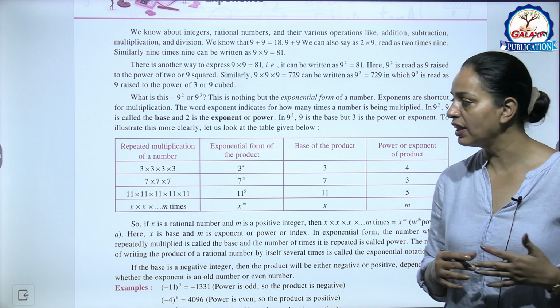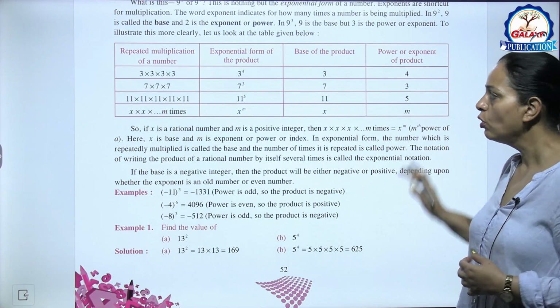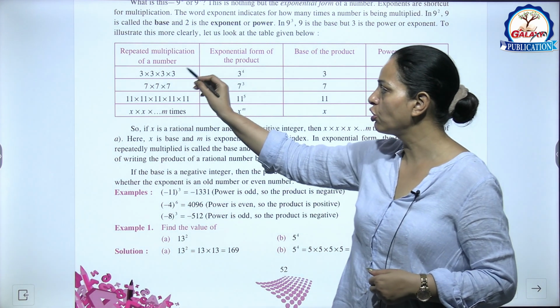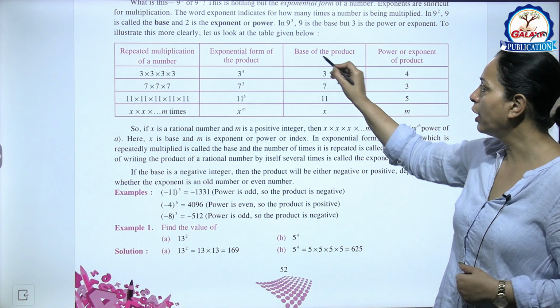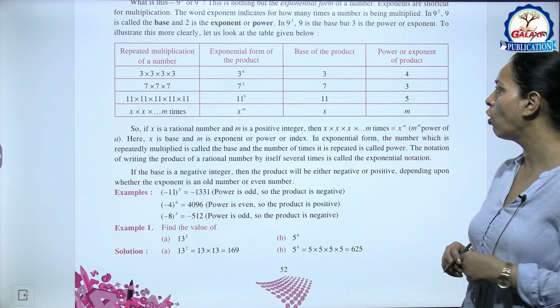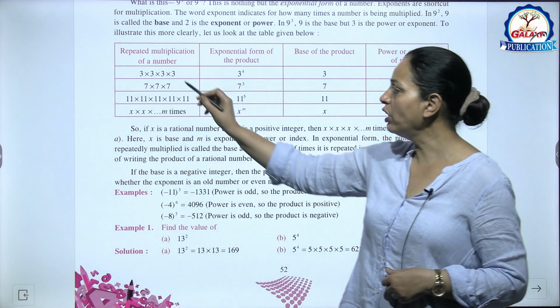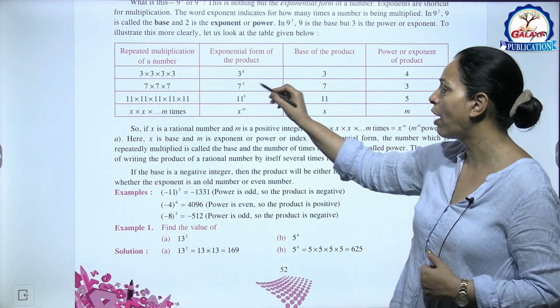So to illustrate this more clearly, let us look at the table given below. Here is the repeated multiplication of a number, here the exponential form of the product, here the base of the product and here the power or exponent of the product. See here, 3 into 3 into 3 into 3, 4 times. So 3 raised to the power 4.